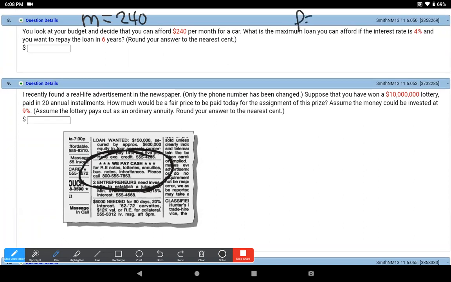So what's the amount we can afford if you have an interest rate of 4% and you want to repay the loan in 6 years per month? So N equals 12, right? N times T is 72.